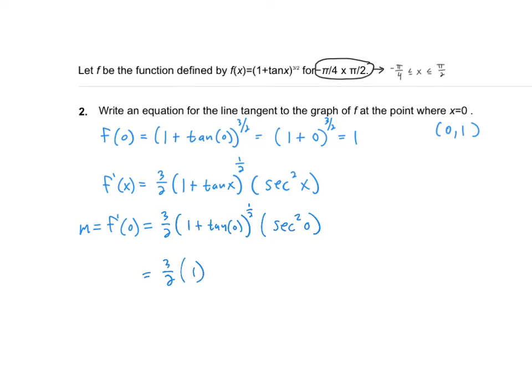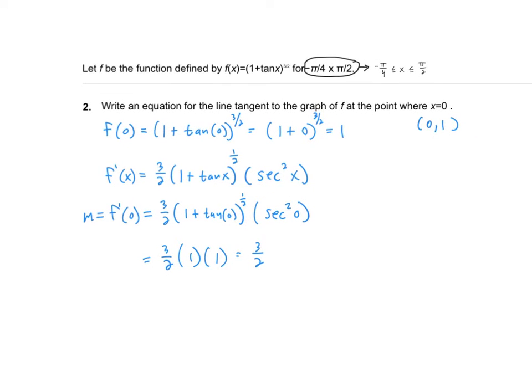So this is just 1, and then secant squared is 1. So this is just 3/2. Okay, that's our slope. And so now we'll just write the equation of the tangent line.